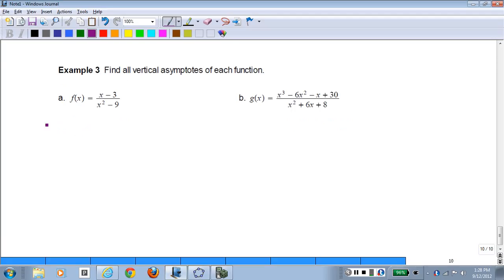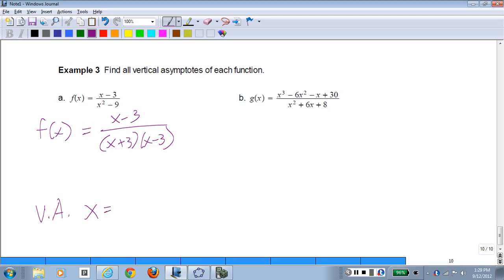Let's see, f of x equals x minus 3 over x plus 3 times x minus 3. So negative 3 makes the denominator equal 0, but does not make the numerator equal to 0. The numerator is equal to negative 6 at negative 3. So the negative 3 is going to result in a vertical asymptote.